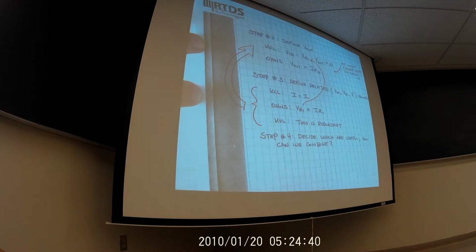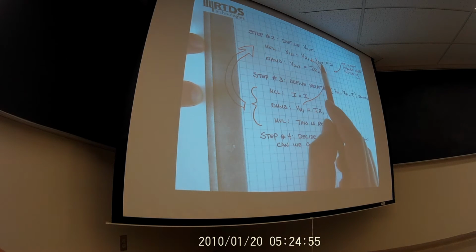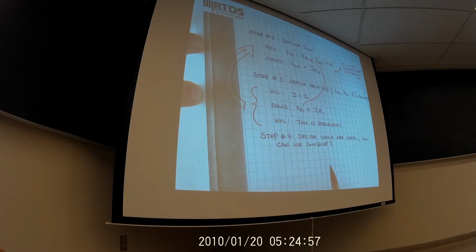So that'll give us an expression which is now in terms of, so how many unknowns will we have? V in is not really an unknown because our output is going to be V out over V in. So we'll have I, R1, V out, so I will be still unknown.